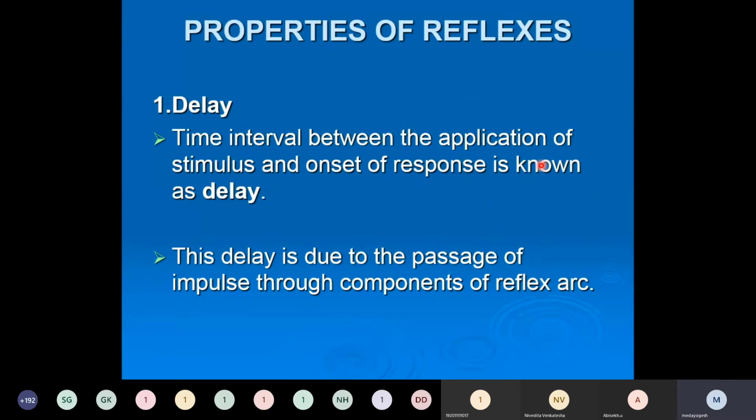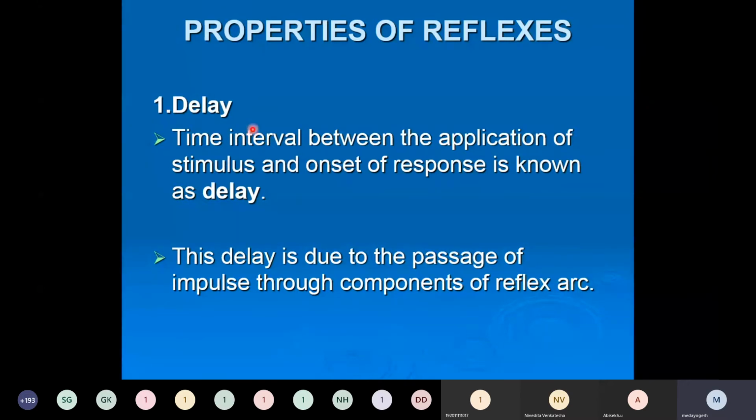Moving on to the next topic, the properties of reflexes. These properties of reflexes and the properties of synapses are very similar, so this is going to be like a revision for you. The concept remains the same, with small changes. The first property is the delay.